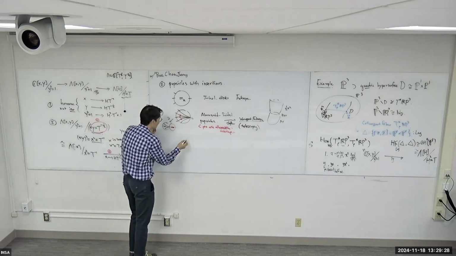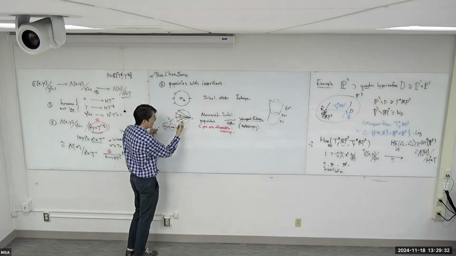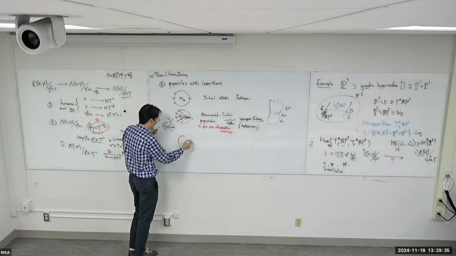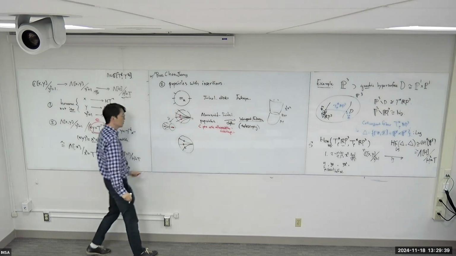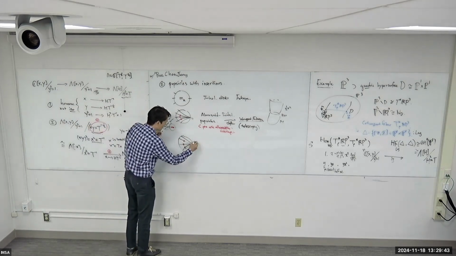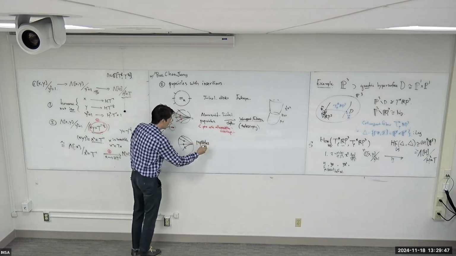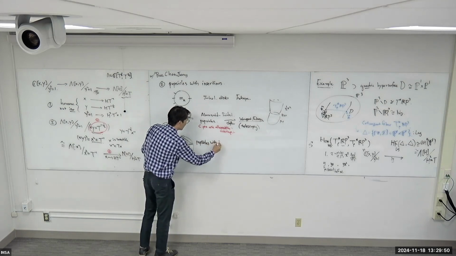And what we want to use is the same popsicles where these are not allowed to overlap. So let me draw circles on them. So this is popsicles with insertions.